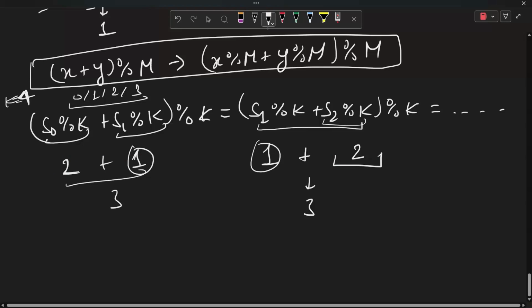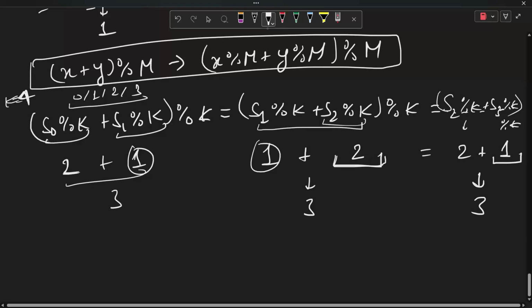Now, here you had (S2 mod k plus S3 mod k) whole mod k. So what would this be? S2 should be 2, and S2 plus what is going to give you a 3?